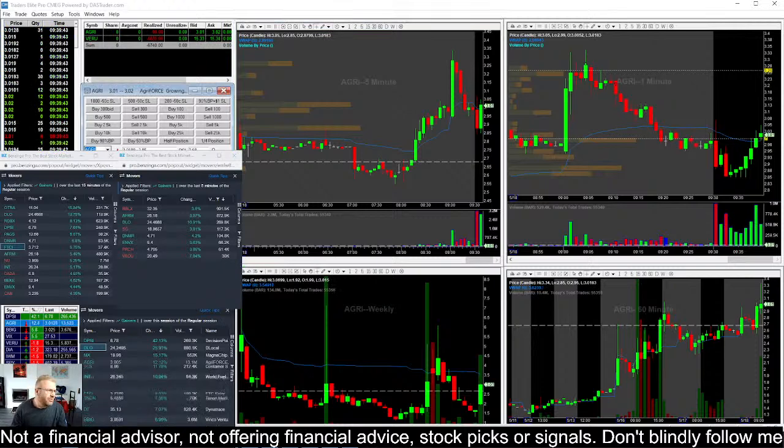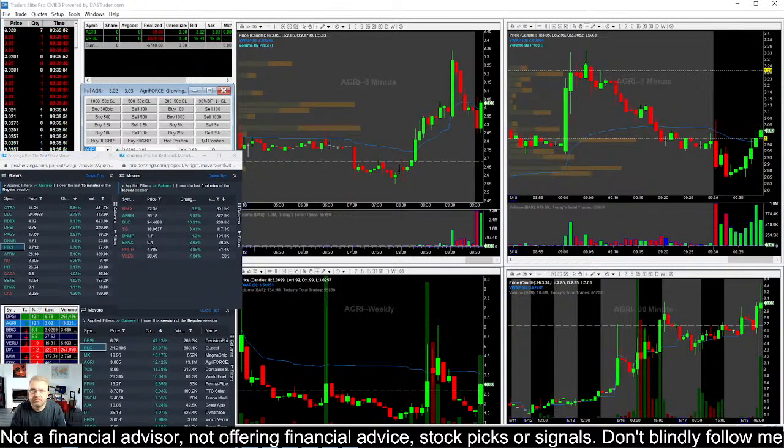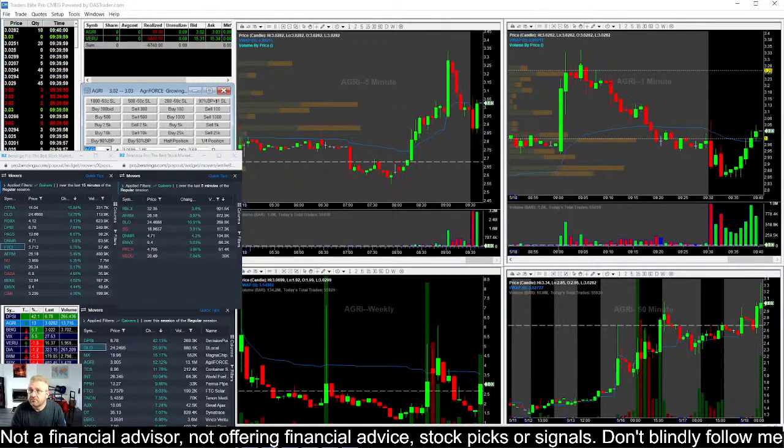The 3.07 is what I'm looking for with agri. Nice little red to green move. We're now back up above the VWAP, back above $3.